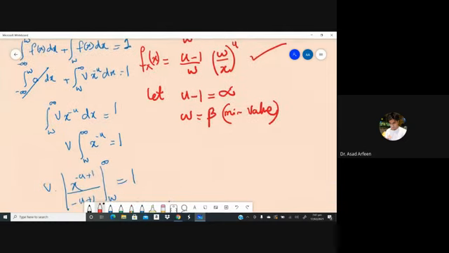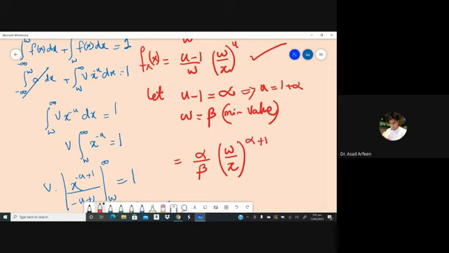But again, we want to do it like this. So just help me to finally summarize here. If we do it like this, u minus 1 equals alpha, and beta, and then w upon x, and then what will be u? u will be equal to alpha plus 1.